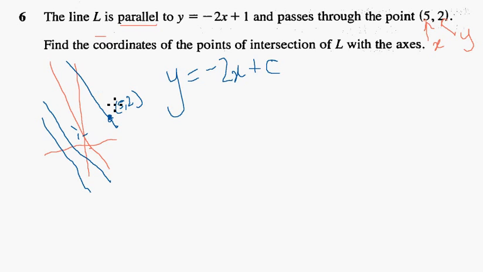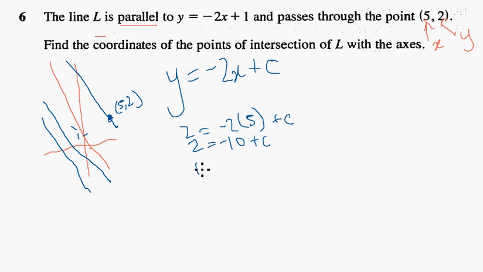And so if we plug our coordinates into this relationship, we can work out what c is. It's going to be this intercept up here. So if y is 2 and x is 5, we get 2 = -2 × 5 + c. So 2 = -10 + c.